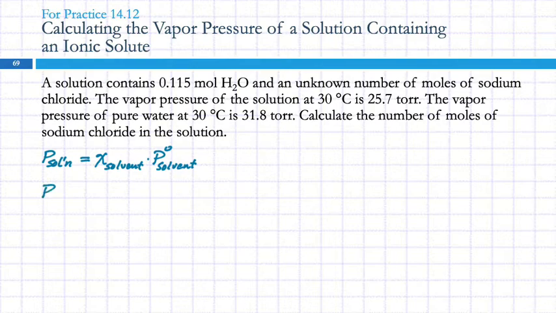So the vapor pressure of pure water was given to us as 31.8 torr. The vapor pressure of the solution was given to us as 25.7 torr. And so with those values, we can calculate the mole fraction of solvent.